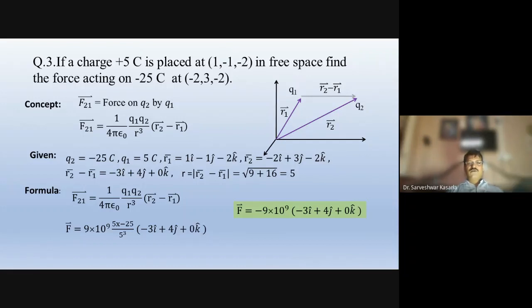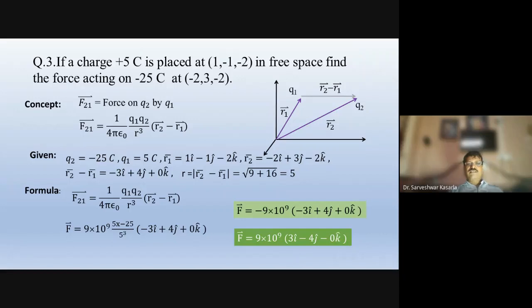We don't need any calculations because 5 into 25 will be cancelled by 5 to the power 3. The final answer will be minus 9 into 10 to the power 9 into (minus 3i plus 4j), and that can also be written as 9 into 10 to the power 9, where the minus sign is taken inside the bracket of the vector, so that will be (3i minus 4j).